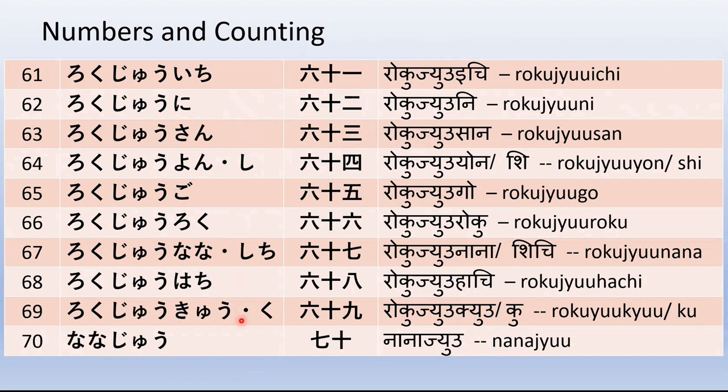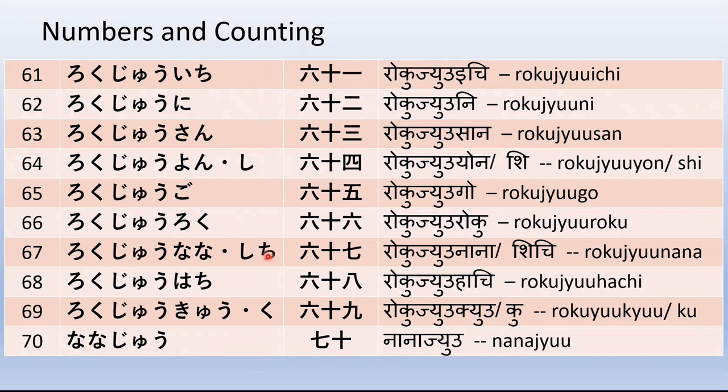Rokuju Q, 69, and Nanaju or Shichiju is 70. So I recommend you to write all these numerals in your notebook in both hiragana and kanji, so that you are familiar with these symbols, and by writing them so many times, you will be able to memorize them as well.